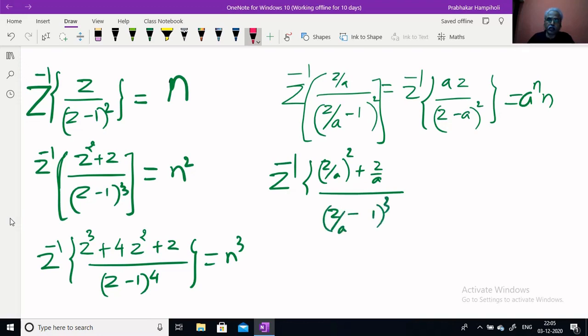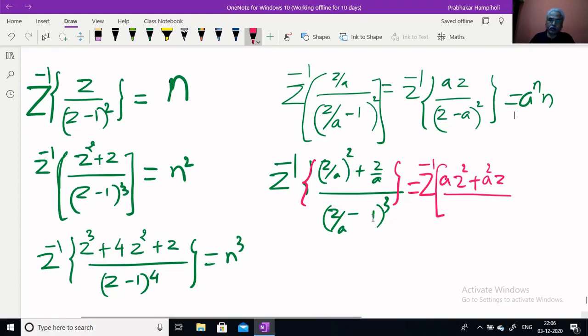And if you take LCM and a cube transfer here, it looks like this now: Z inverse of az square plus a square z, with a coming here in the denominator, simplified, upon z minus a whole cube. And because of this process of damping, instead of n square, you will get a raised to n, n square.